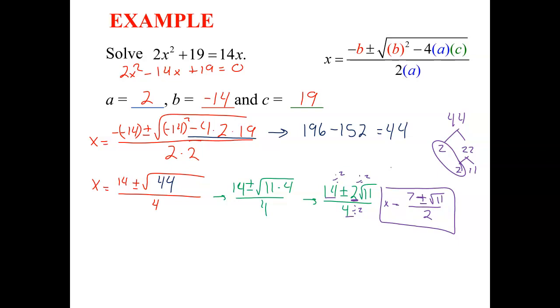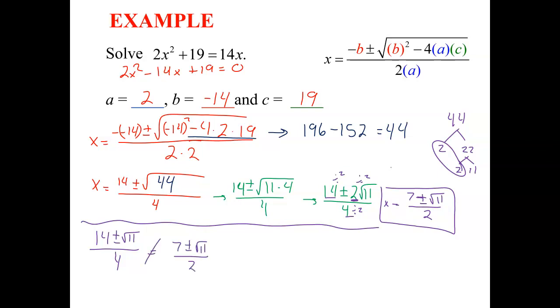As a side note, if this was just 14 plus the square root of 11 over 4, without a 2 in front of the root, that does not equal 7 plus or minus root 11 over 2. I can only simplify if I have the same factor in all three.